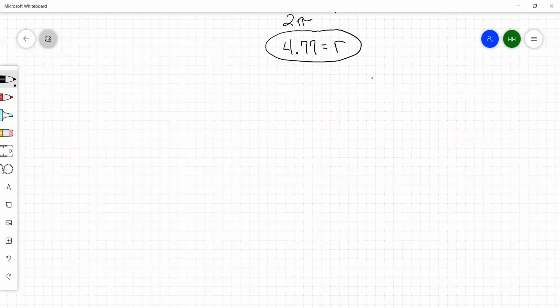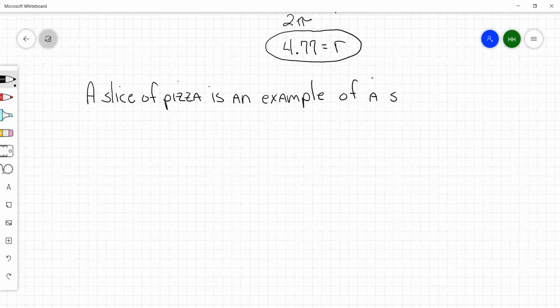All right, we're going to say this. A slice of pizza is an example of a sector of a circle. Slice of pizza, slice a round pizza, okay?